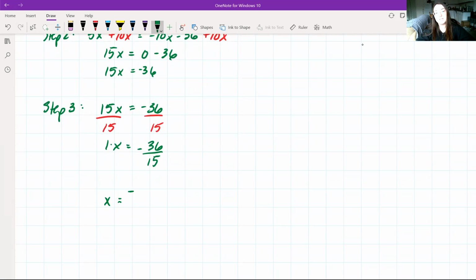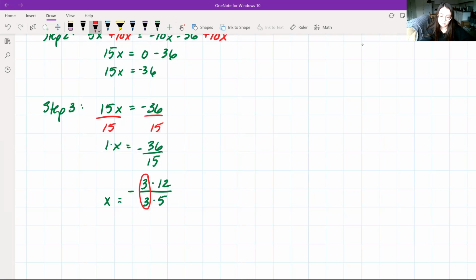Then 36 and 15 both have a common factor, and their common factor is going to be 3. So let's extend out our numerator and our denominator by factors of 3 and whatever other number it was. So 36 can be extended into 3 times 12, and 15 can be extended into 3 times 5.